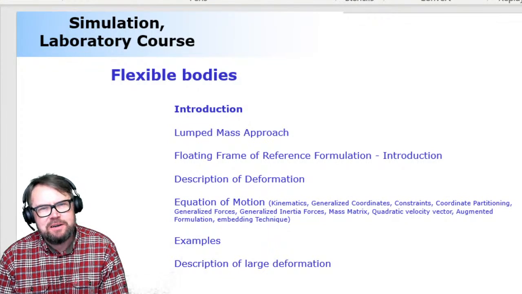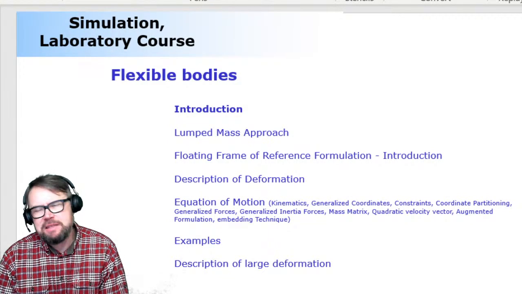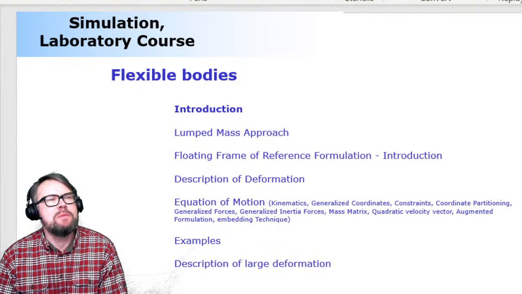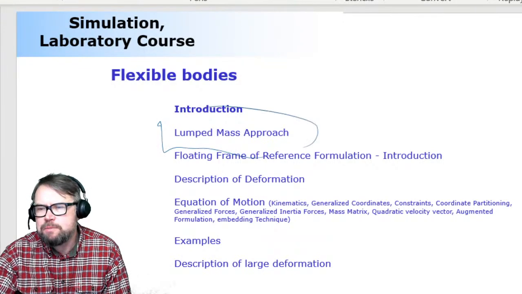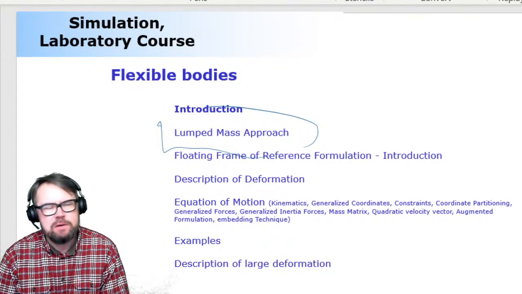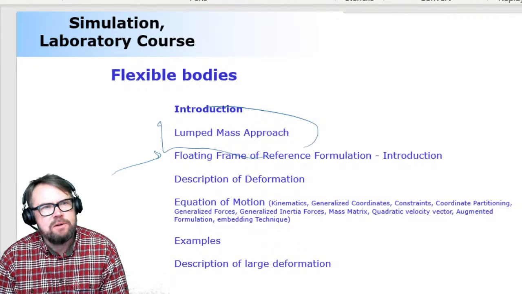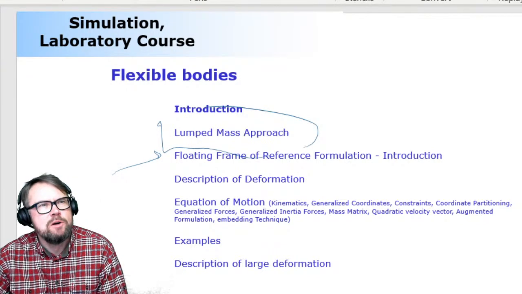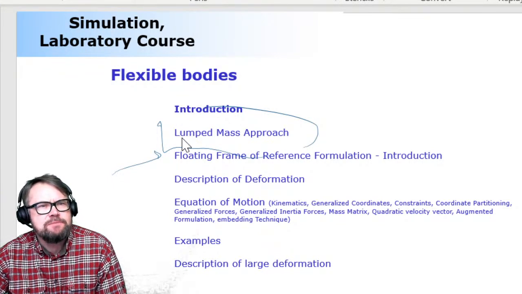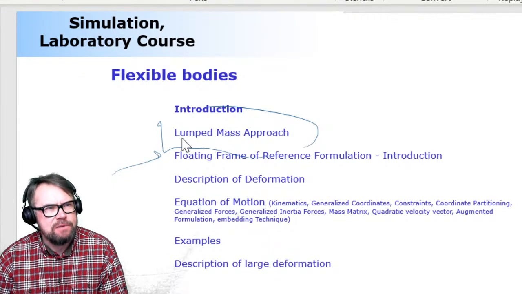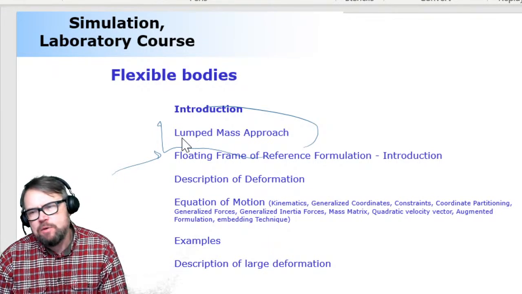Now, from this on, we're going to look at methods for how flexibility can be accounted for. How can we describe deformable bodies? We will get started from the lumped mass approach, which you are already familiar with, and focus later on the floating frame of reference formulation. The first challenge is this. Do you know where the name floating frame of reference formulation is coming from?